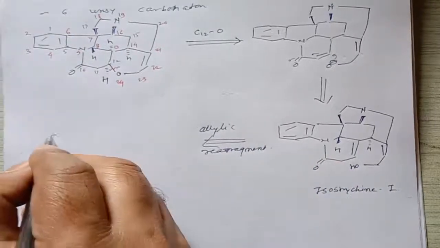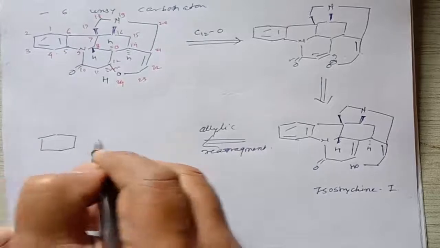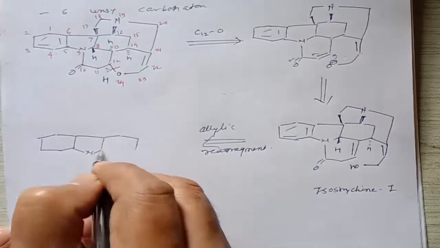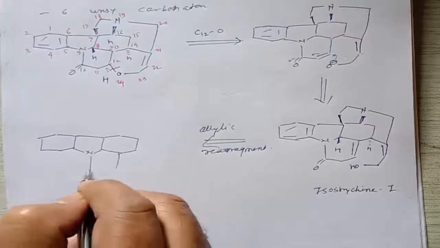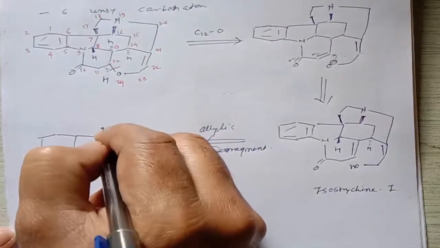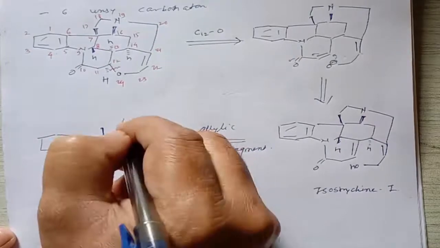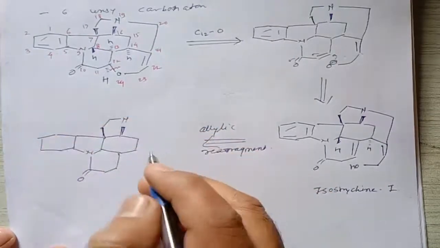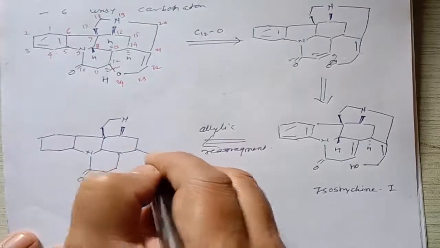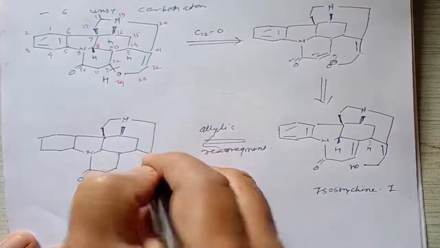Here we can see that the molecule will be the same, it contains an aromatic ring, and the remaining functional group will be the same here. So this carbon is above the plane, this nitrogen is above the plane, and here is CH2, then CH, then here we can see this nitrogen is there, right?